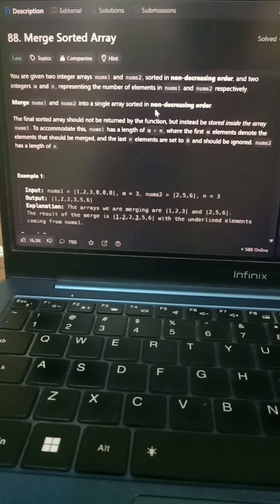Our target is to merge both nums1 and nums2 into a single array sorted in non-decreasing order. We have to merge in such a way that it remains in non-decreasing order, and we return the final array as nums1, because nums1 is of length m plus n. So that's our job.